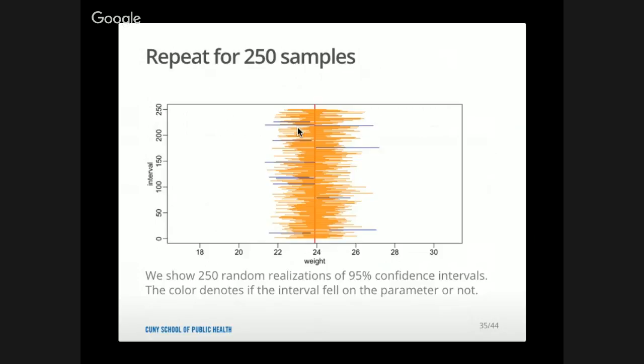So that's because they both happen to be going over to the left together. So only in some of these very unlucky cases where you draw an especially small mean in one sample and an especially large mean in the other sample do you actually have non-overlapping confidence intervals. But it's quite rare. It's much less than 5% of the time.